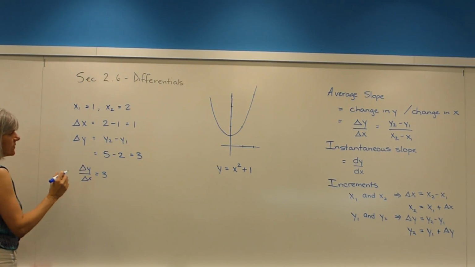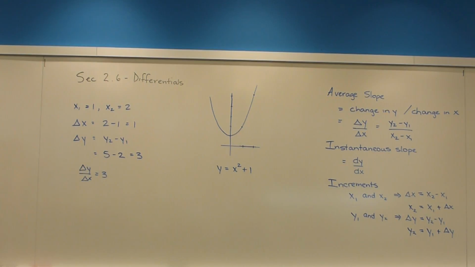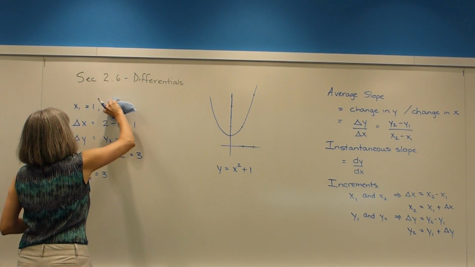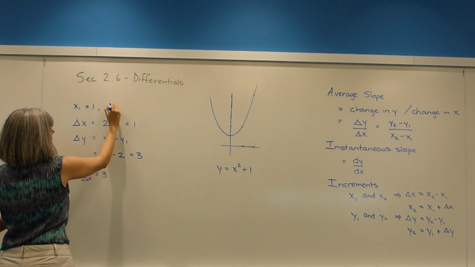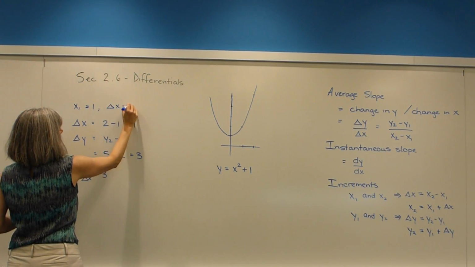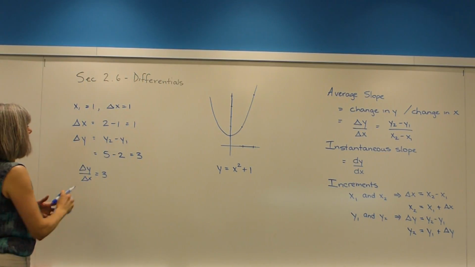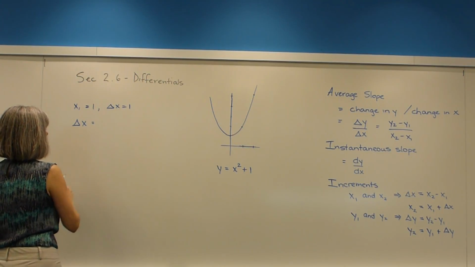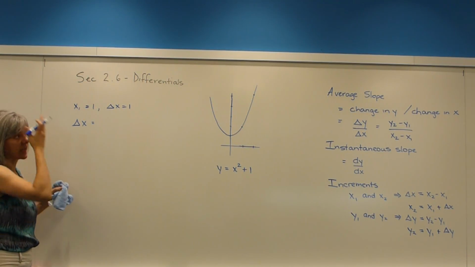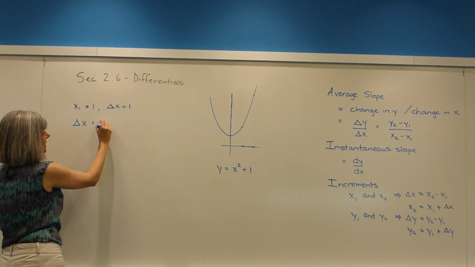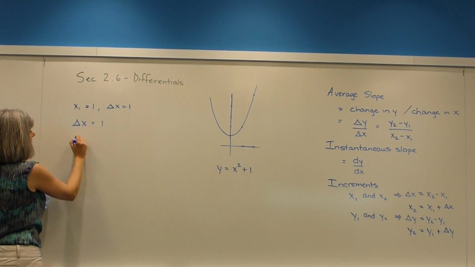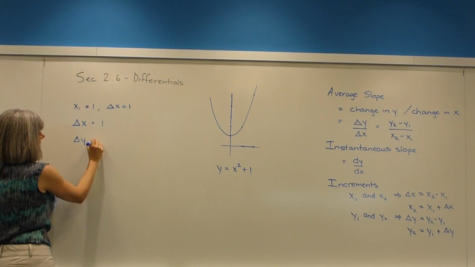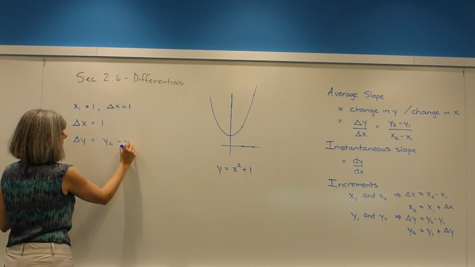Okay, so what if I gave you a slightly different problem? What if instead of this setup, I gave you the starting point and the change? Well, now I already have this. I mean, let's back up. If I'm trying to find delta x, delta y, and the average slope, I already have delta x, that's 1, okay? So now I'm looking for delta y, y2 minus y1.